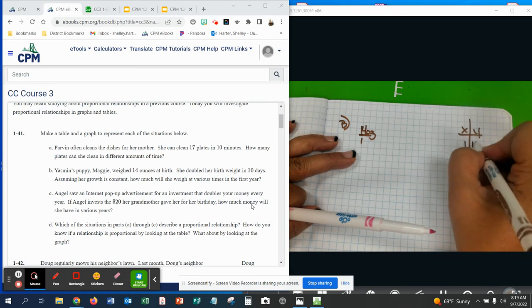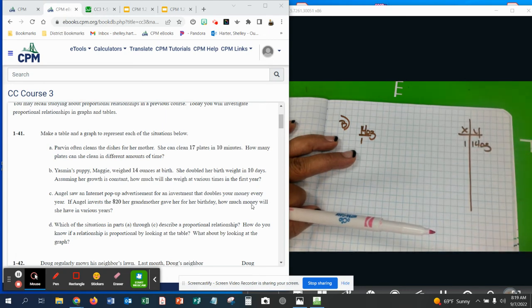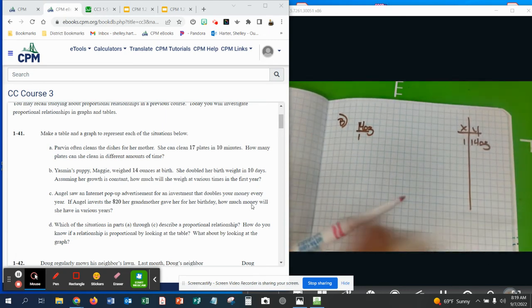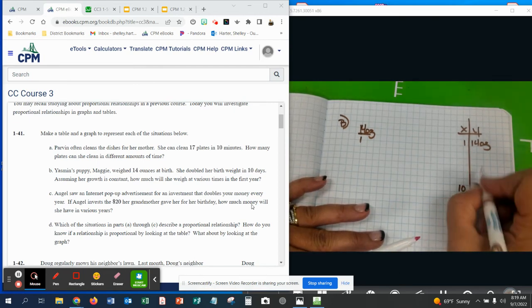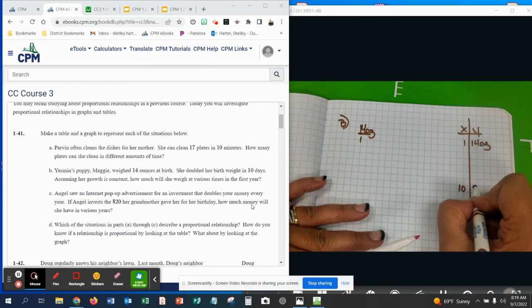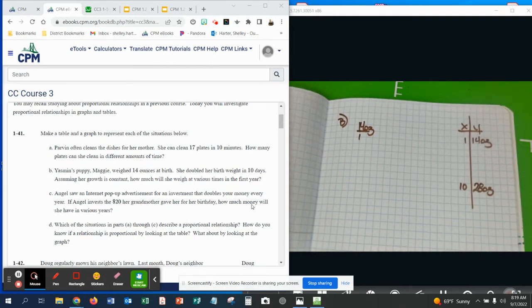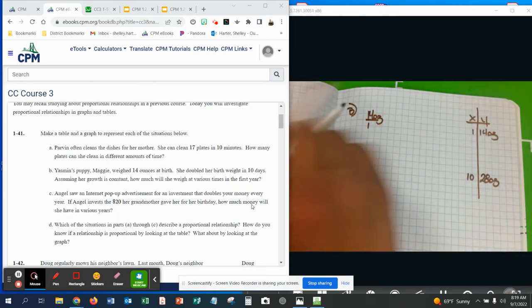Day 1, 14 ounces. Day 10, she doubled her weight, so she's going to be at 28 ounces. So that was a quick jump. The X is days.